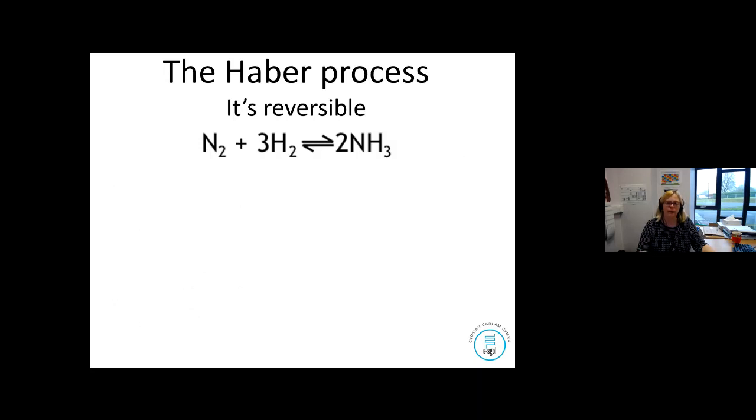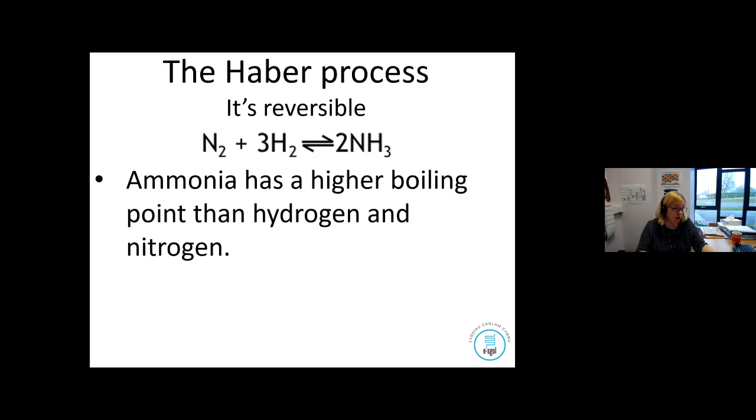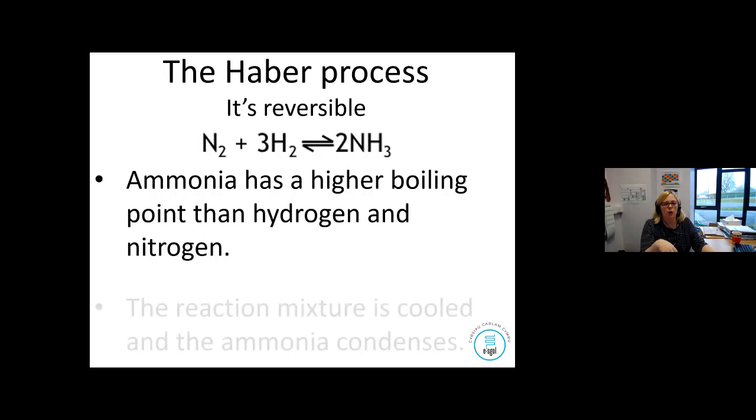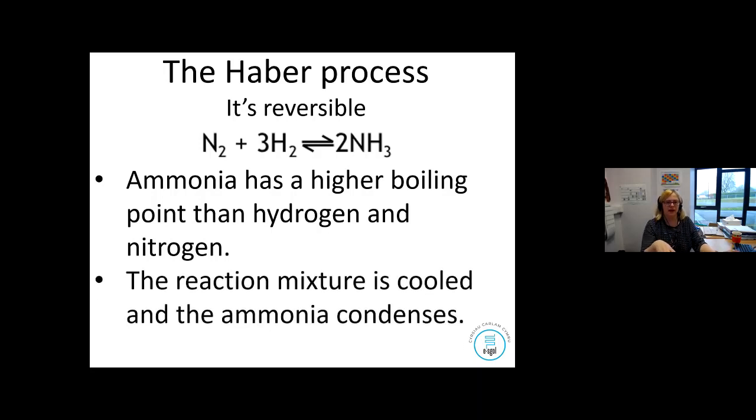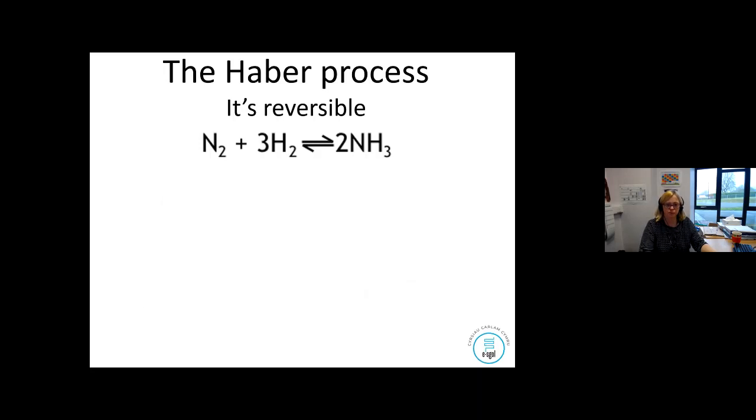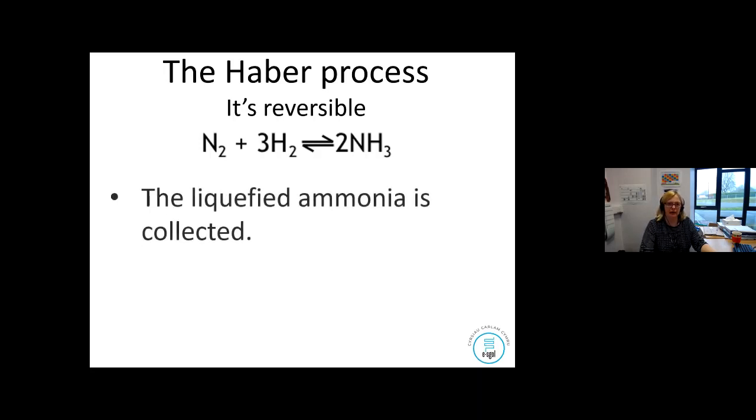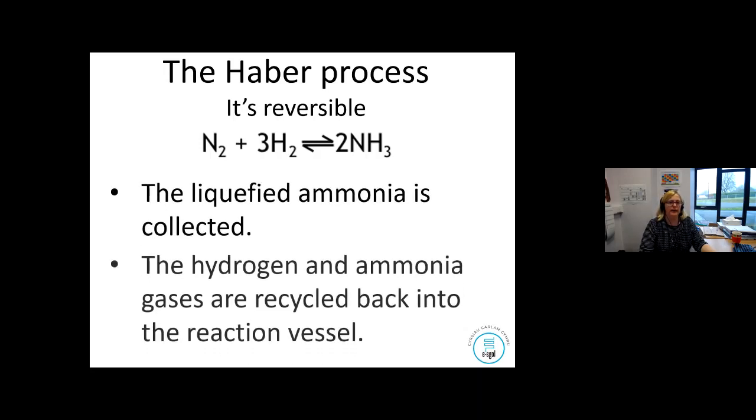Well, ammonia has a higher boiling point than hydrogen and nitrogen, so you can separate it by condensation again. Okay, so easily separated, and as it's cooled, the ammonia condenses and can then be removed as a liquid product. Right, so you collect the liquefied ammonia.